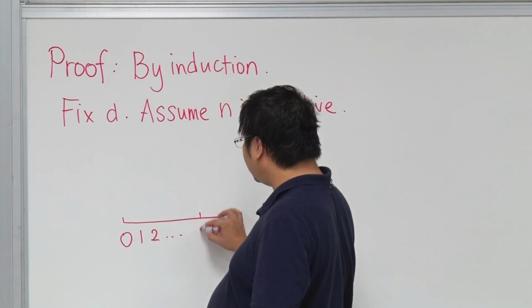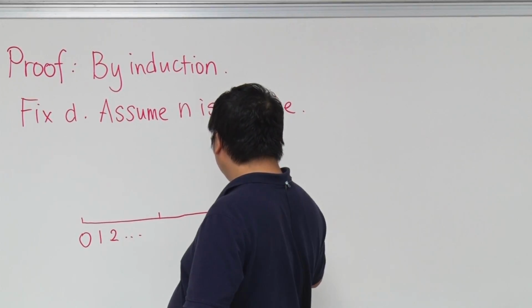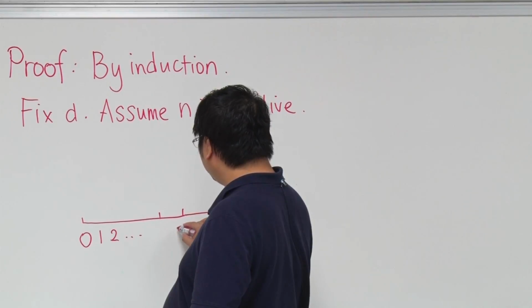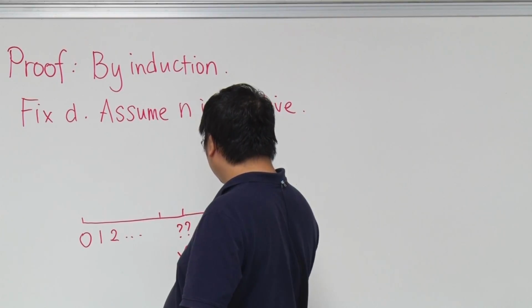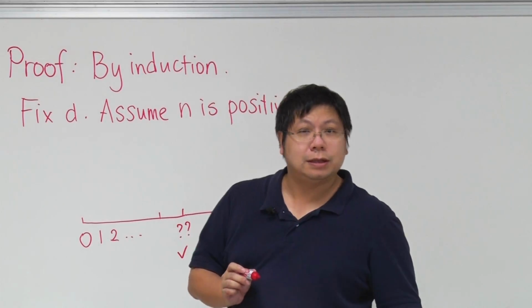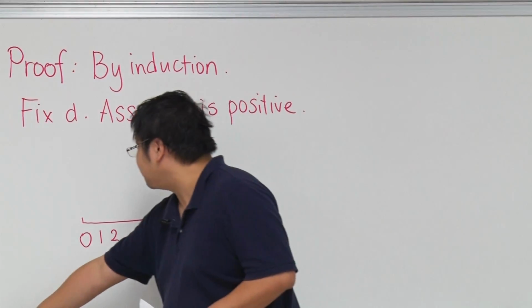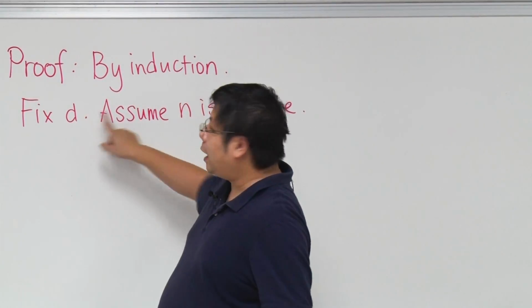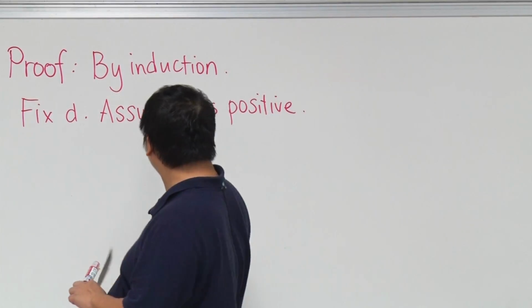After a certain case, we don't know whether this works or not. But if some of the previous cases work, then this will be okay. This is the idea of the induction, and it turns out to be really simple. First of all, we only consider n is non-negative.